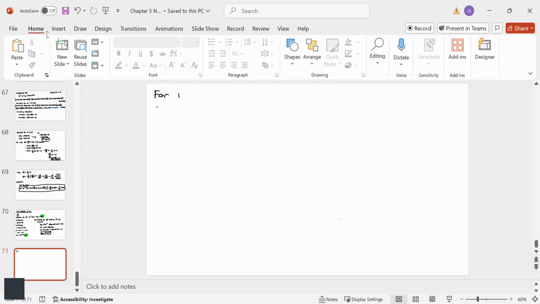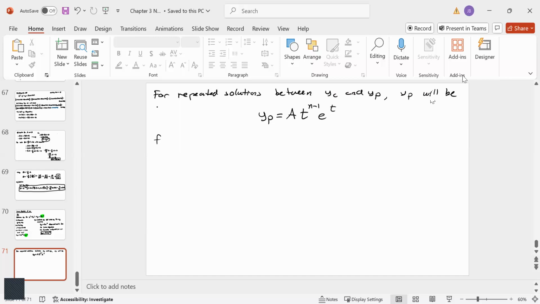For repeated solutions between yc and yp, yp will be equal to a t to the n minus 1 e to the t for n functions that are the same. So if there's two of them, you do t.